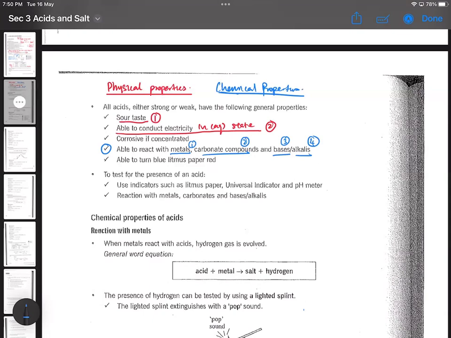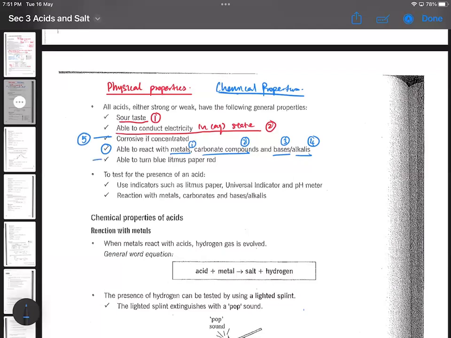The rest of the stuff, like corrosive, all this, is very hard to categorize. So try not to do it. If I really have to categorize corrosive, I will put this as chemical property number 5.